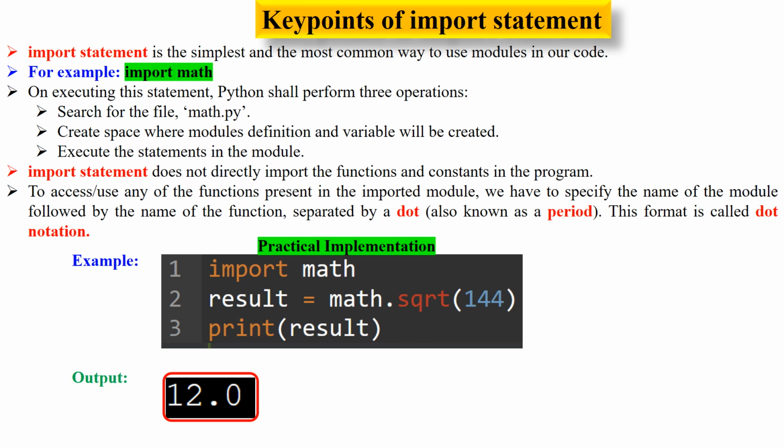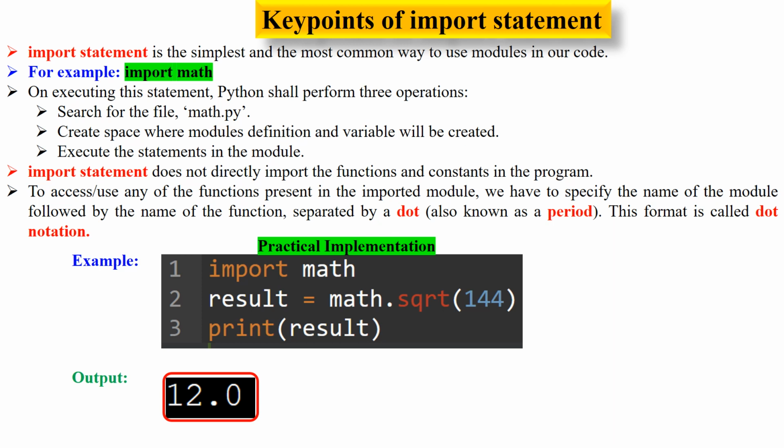Execute the statements in the module. Import statement does not directly import the functions and constants in the program. To access or use any of the functions present in the imported module, we have to specify the name of the module followed by the name of the function, separated by a dot, also known as a period. This format is called dot notation.